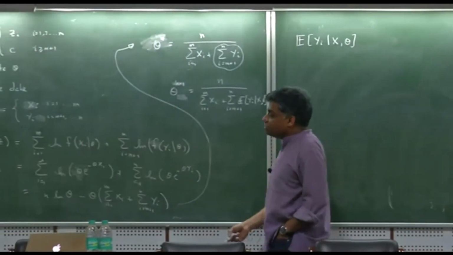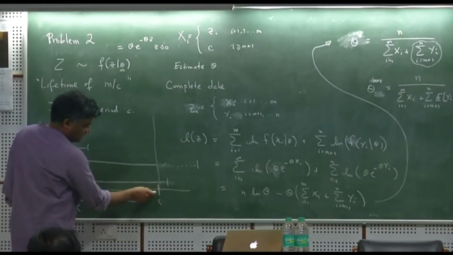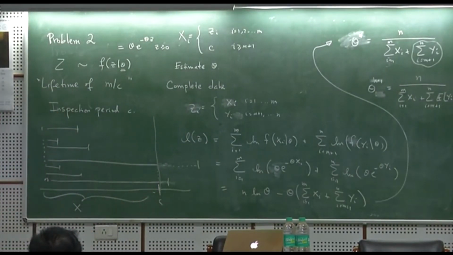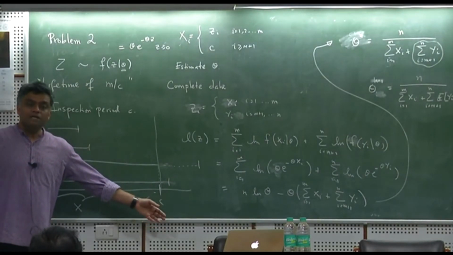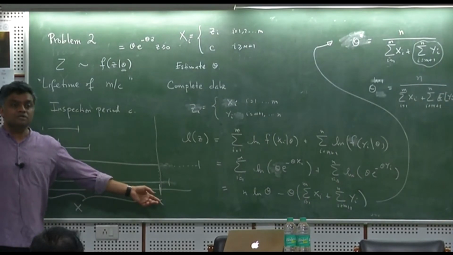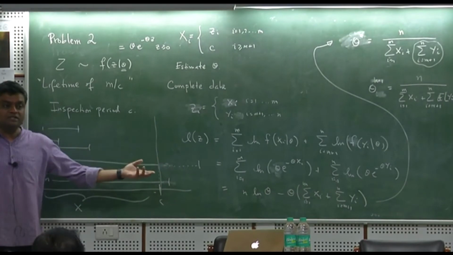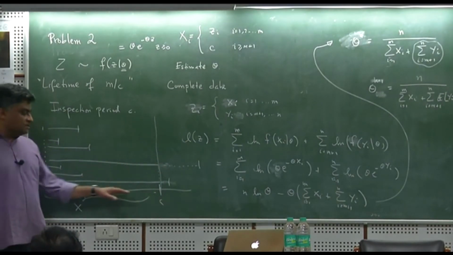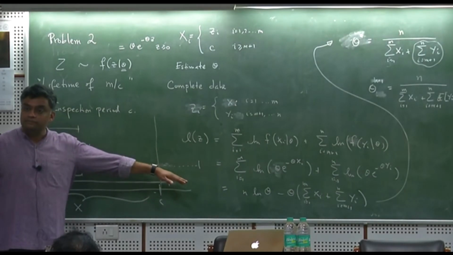So basically the question being asked to me is that I have an observation, take this observation, it got chopped at C. And now I've been asked that if I know that this observation was greater than or equal to C, what is its expected value? Like what is the expected value that if you observed something up to C and it did not die, what will happen in the future?